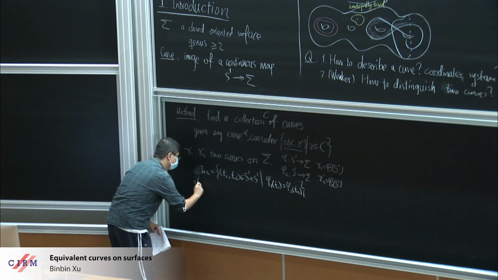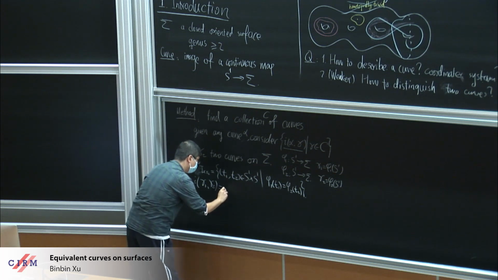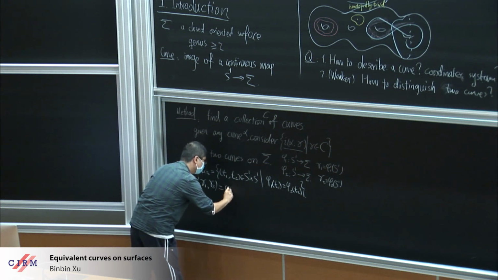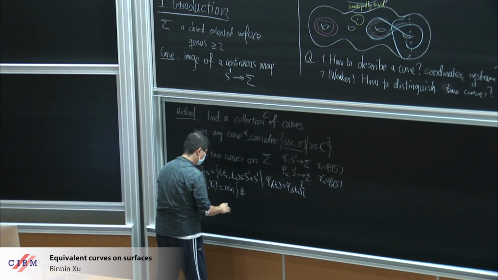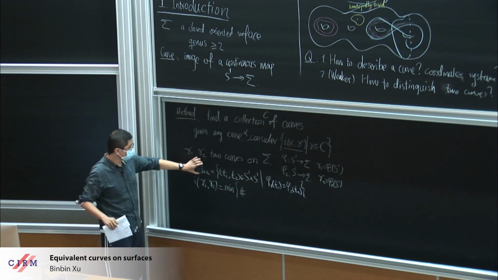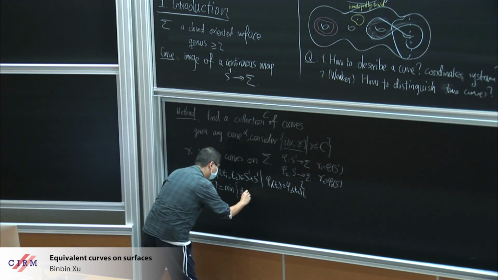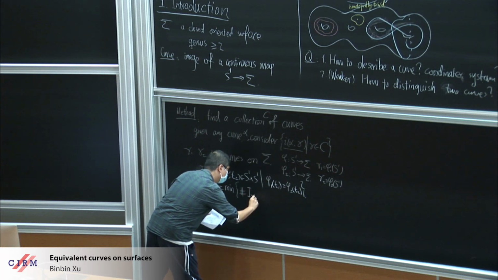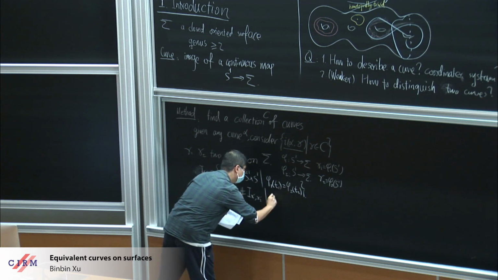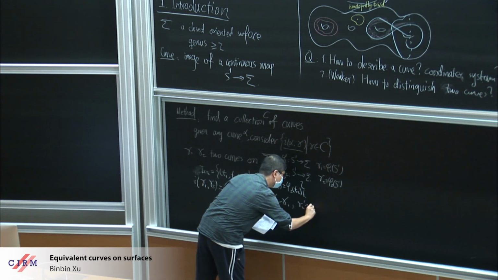Then the intersection between gamma 1 and gamma 2 is simply defined by counting the cardinality of this set and then taking the minimum among all possible sets. So let me denote gamma 1 prime, gamma 2 prime, such that gamma 1 prime is homotopic to gamma 1 and gamma 2 prime is homotopic to gamma 2.